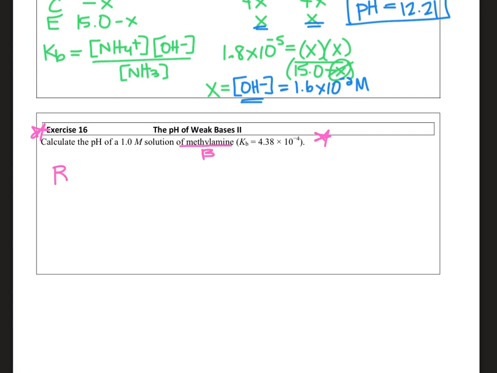So when you're doing your reaction, if you don't know the equation or you're getting confused on the equation, just do a generic. The base, which is the methylamine, plus water is going to make, and then we know it's a base, so it's going to make BH plus and OH minus, right? It doesn't matter. It's going to work out the exact same way. So your methylamine is just this.